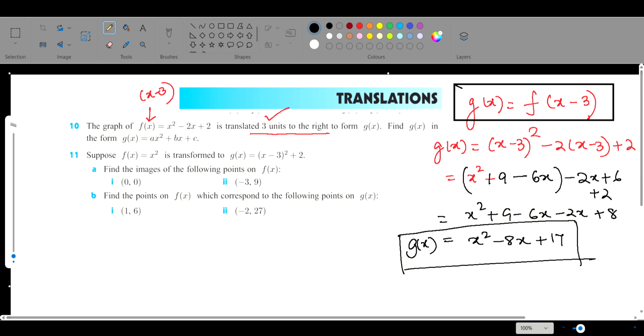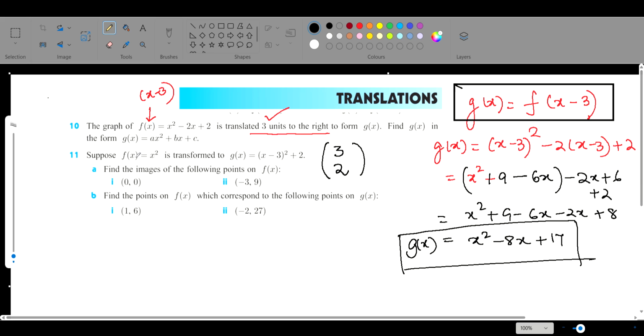We do not need to do squared here. What is happening? Can you tell me what is the translation here? x minus 3 means 3 horizontally, and 2 representing the vertical. Minus 3, actually it's x minus a.